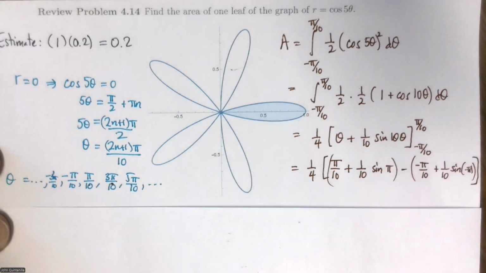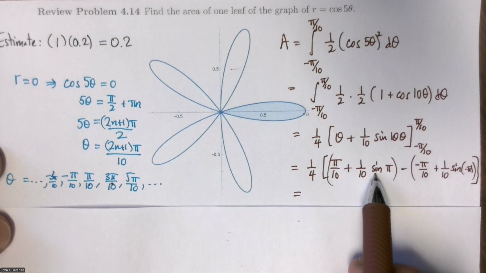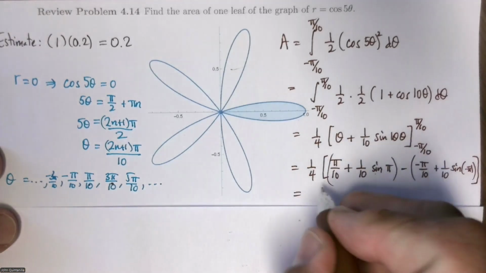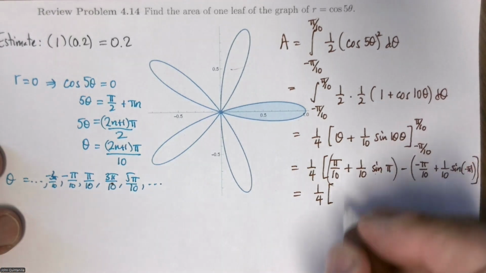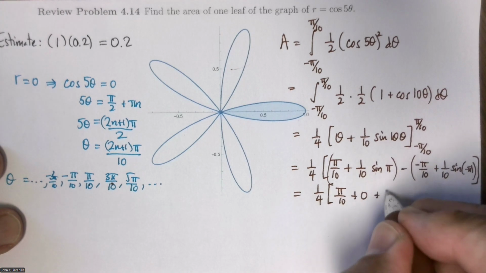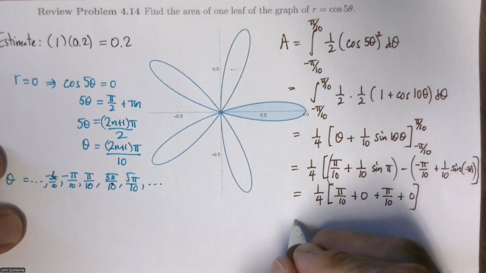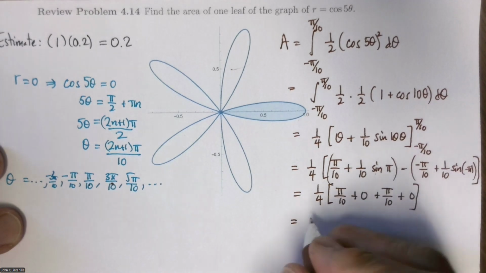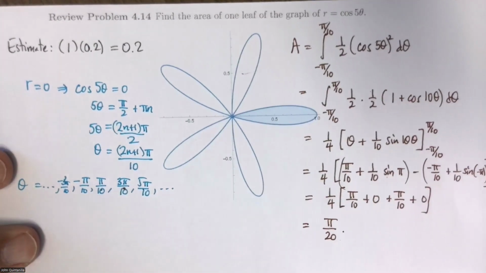Sine of pi is 0, sine of negative pi is 0, so I don't have to worry about those. So I end up with 1/4 times pi over 10 plus 0 plus pi over 10 plus another 0. So I end up with pi over 5 times 1/4, which makes pi over 20. And so that is the exact answer.